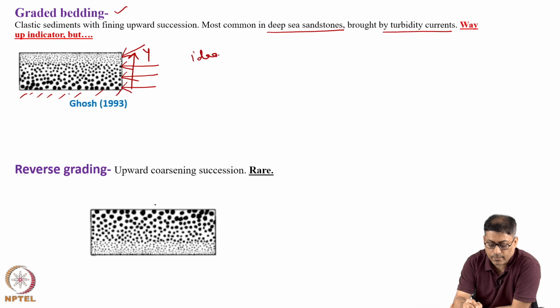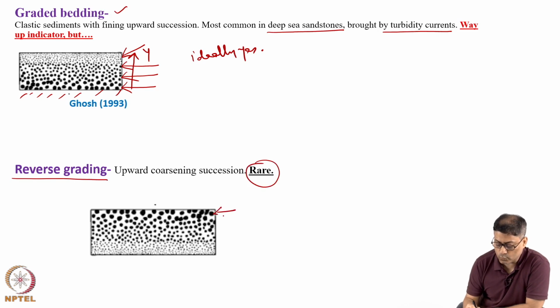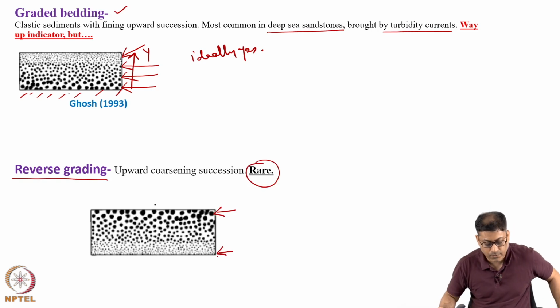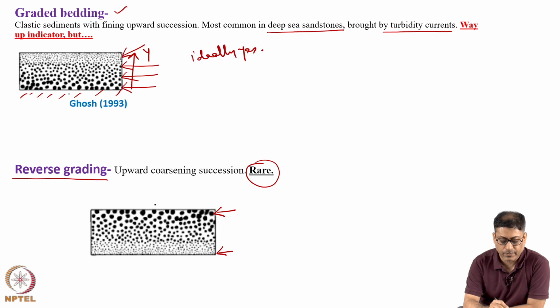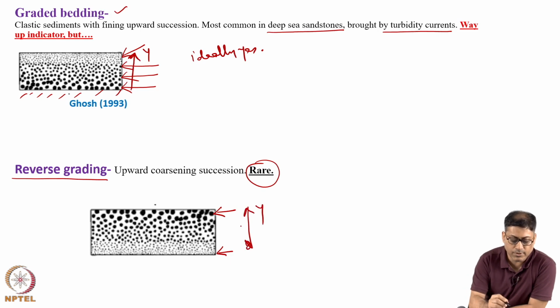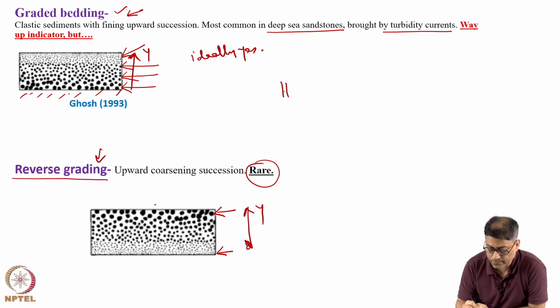ideally yes, but be very careful that in nature rarely we find reverse grading. What happens in that case? We get coarse grained materials at the top and fine grained materials at the bottom. So, if you are very sure you are dealing with a graded bedding, then you can say that that is the younging direction. But if it is a reverse grading, this is the younging direction. So, how to distinguish graded bedding from reverse grading remains a question.